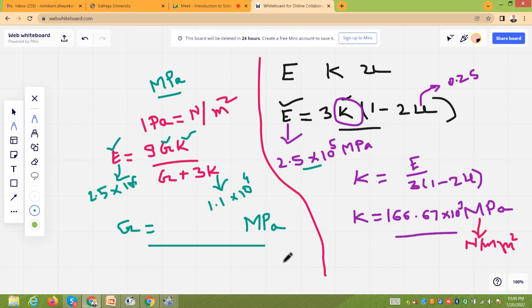If you further simplify, you will get 2.5 into 10 to the power 5 G plus 8.25 into 10 to the power 9, which will be equal to 9.9 into 10 to the power 4 G. So finally, 9.9 into 10 to the power 4 minus 8.25 into 10 to the power 9 divided by 2.5 into 10 to the power 5.